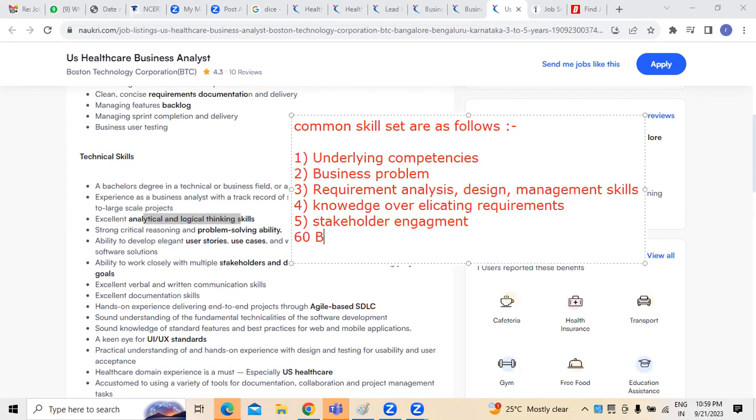Next, understanding the business case. Next, gap analysis. Knowledge of gap analysis.